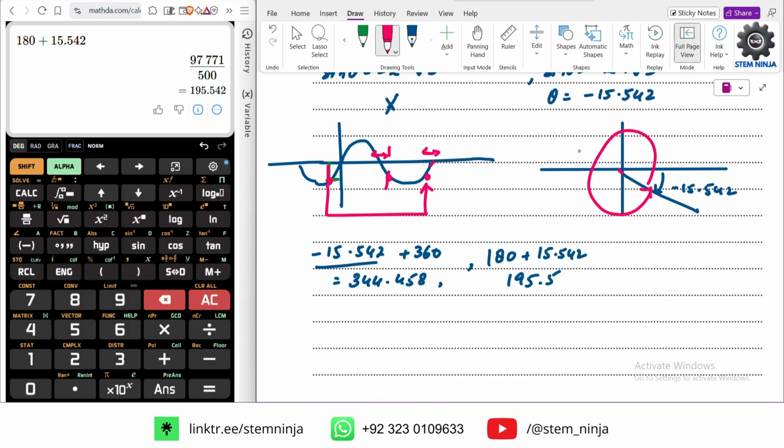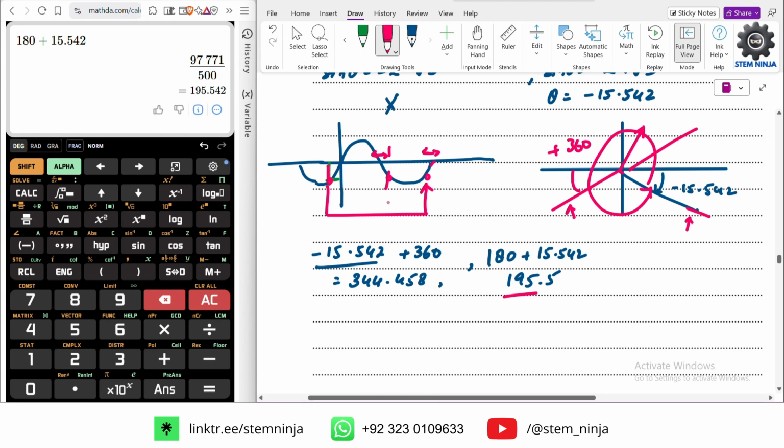So that means just this is like plus 360. And the other one would be right over here. Because of the symmetry of the sine, just like we have sine over here equals sine over here. So this angle and this angle, the sine value of this and sine value of this would be the same. So this would be 195.